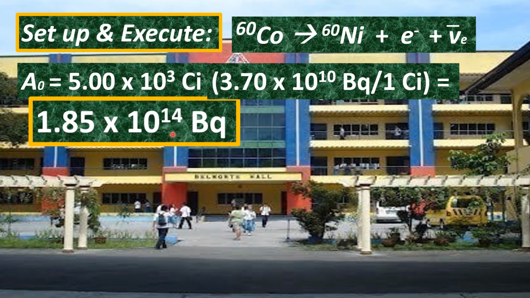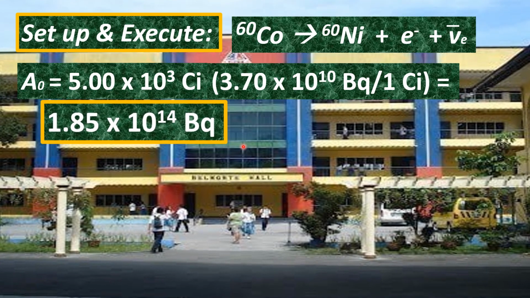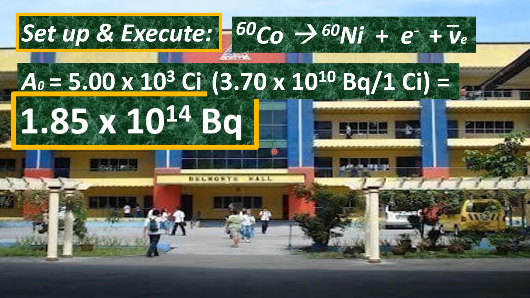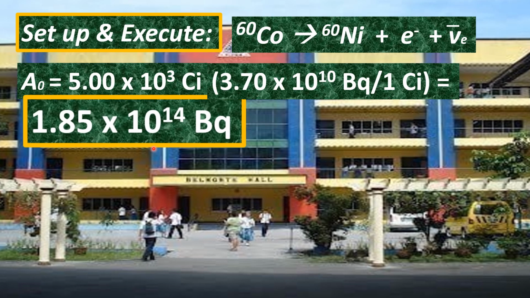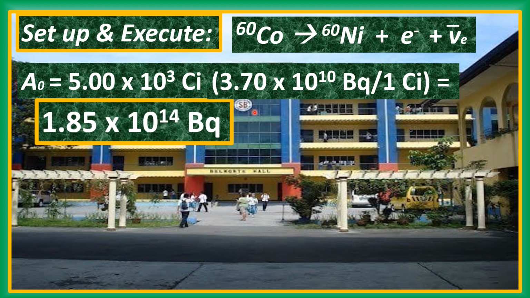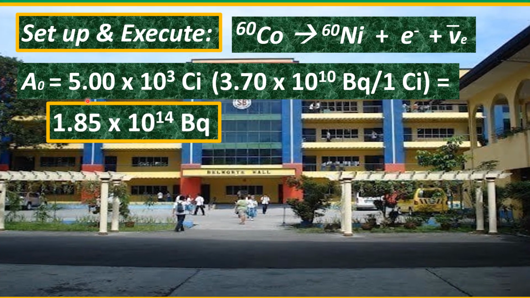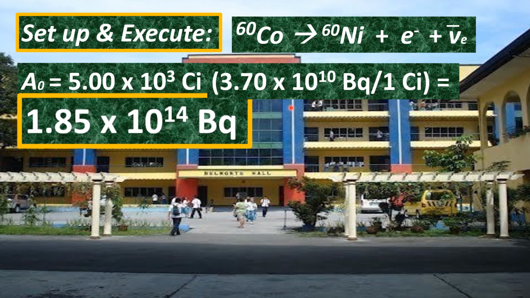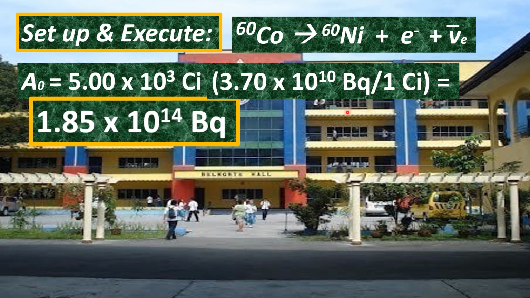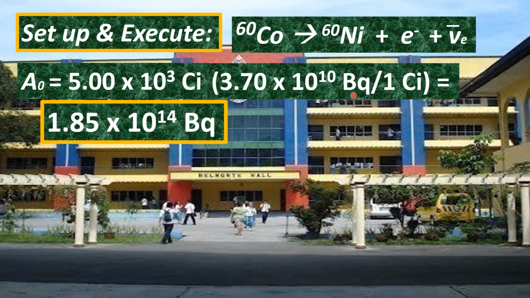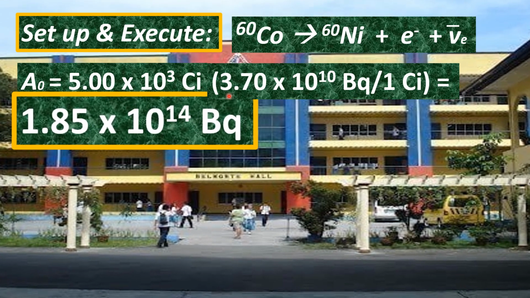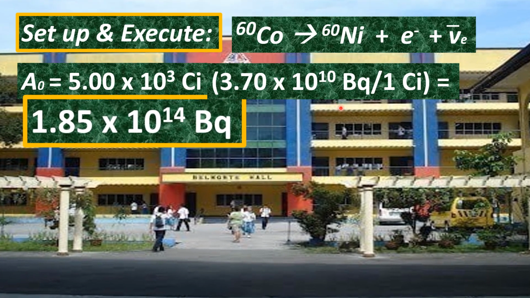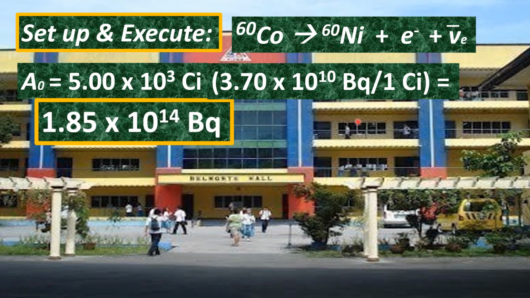Becquerel is the SI unit for radioactivity. So we obtain this by just multiplying 5,000 curie by the conversion factor, which is, in 1 curie, we have 3.70 times 10 to the 10th power becquerel.